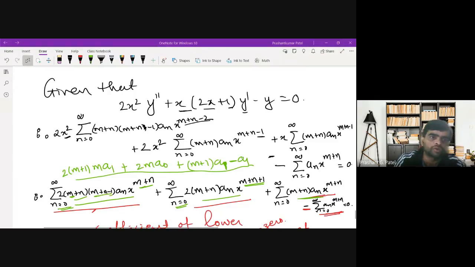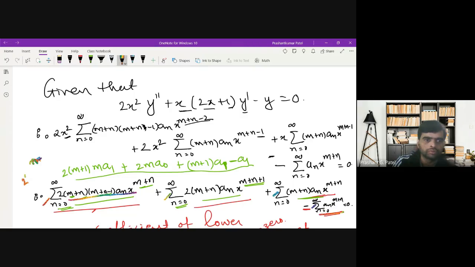In that, what you have to do is substitute n equal to 2 into this. Here also n equal to 2. Here you have to substitute n equal to 1, and here you have to substitute n equal to 2. So if you substitute n equal to 2 into this, then what we will get?